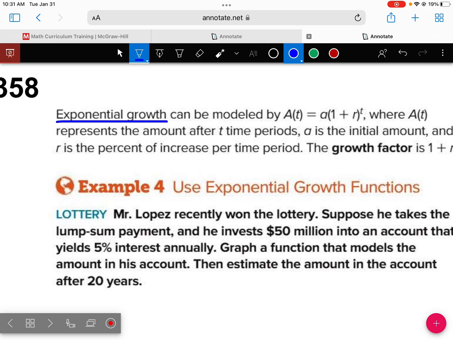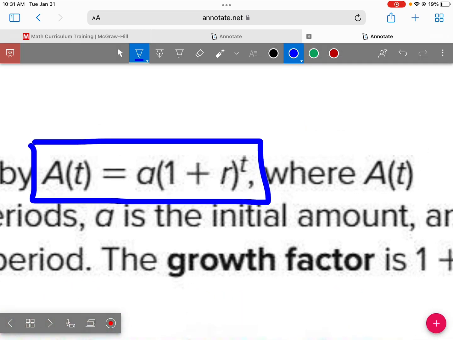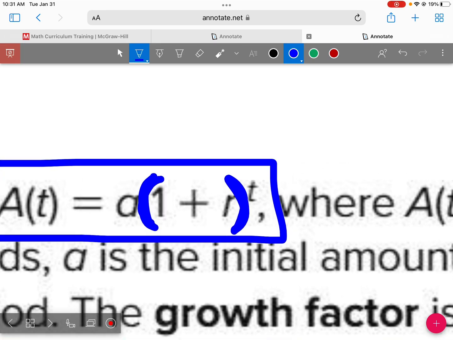Exponential growth can be modeled in this way. This part right here would be my base.